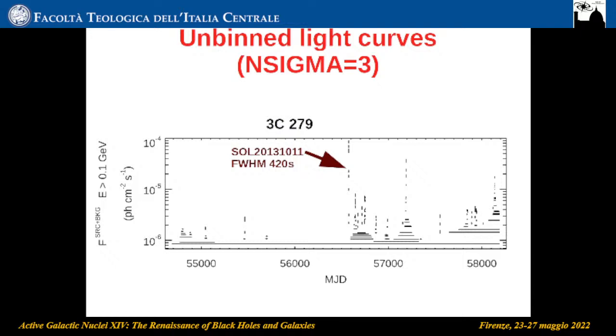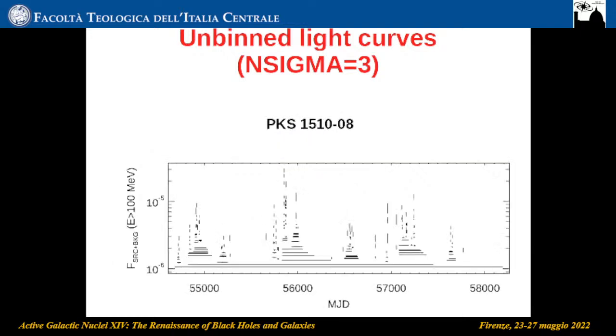What is interesting here is that on account of the fact that it is unbinned, you're able to distinguish also activity lasting about 7 minutes, and in the same representation, you have also flares lasting several tens of days. Okay, this is the case for another source.